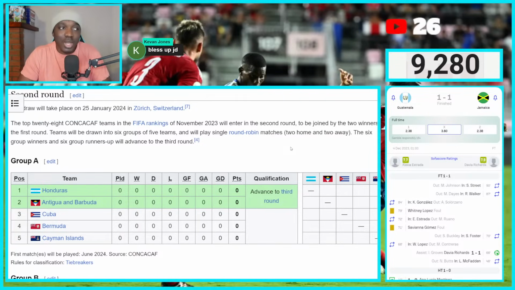Teams will be drawn into 6 groups of 5 teams and will play single round robin matches, 2 home and 2 away. So everyone plays everyone in this tournament, and you have to play 2 home and 2 away. So 6 group winners and 6 runners-up will advance to the third round.